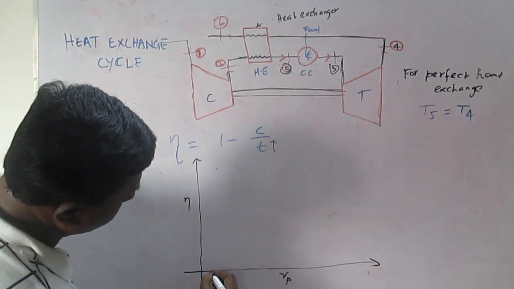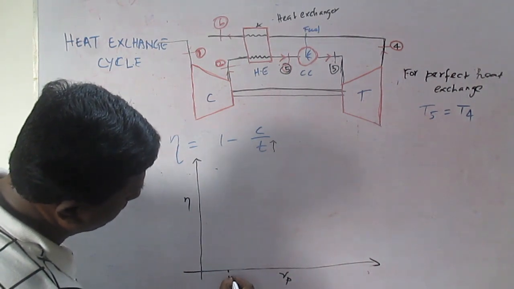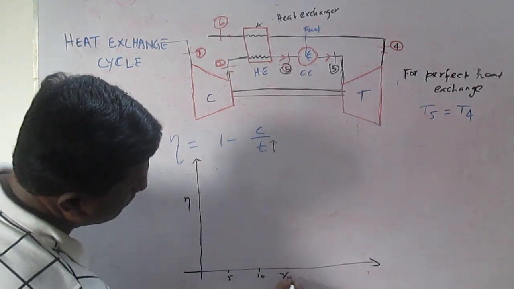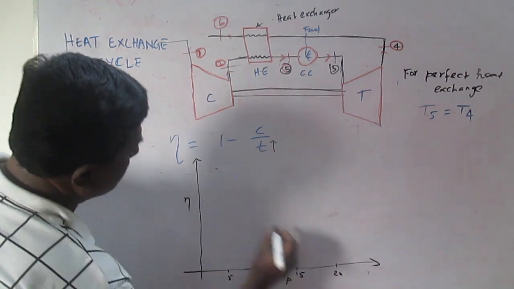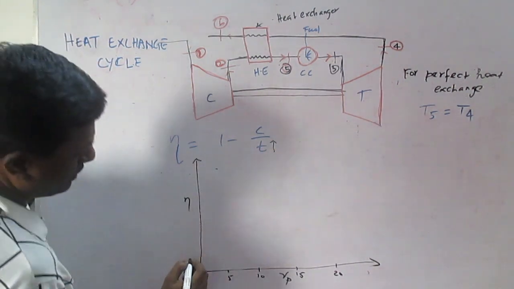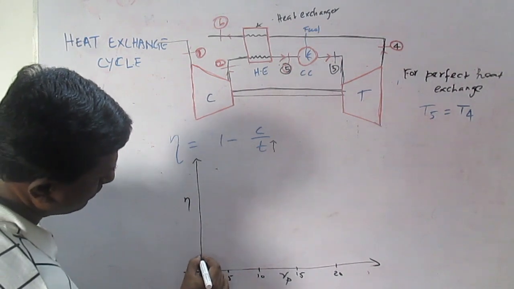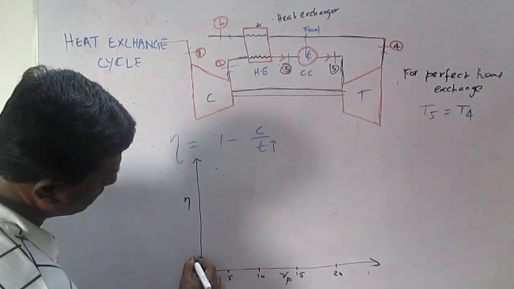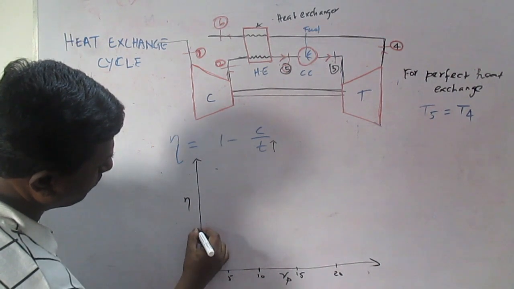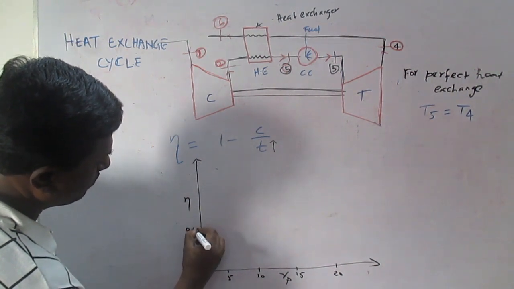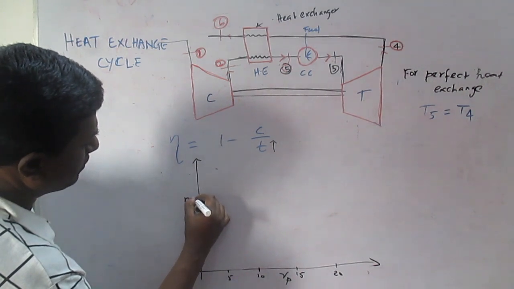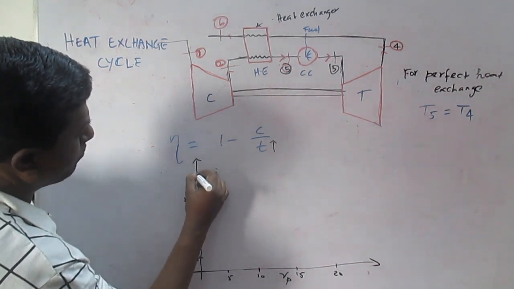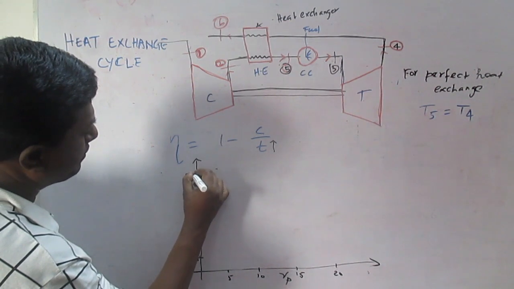For the scale, this is 5, then 10, 15, 20. And this is 0.2, 0.4, then 0.6, then 0.8, then 1.